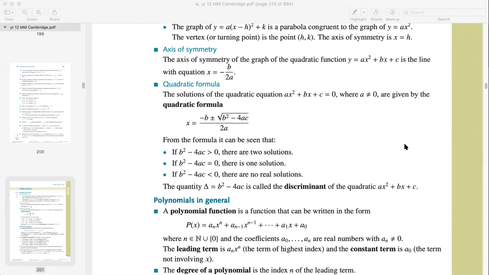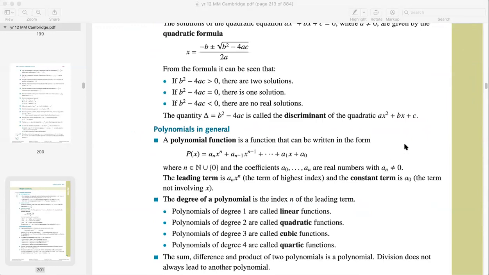Okay. And the next one is polynomials in general. We focus on cubic and quartic, right? The most important one is the cubic, because we use the cubic function to develop our theorems, such as the factor theorem, remainder theorem, and rational root theorem, right?